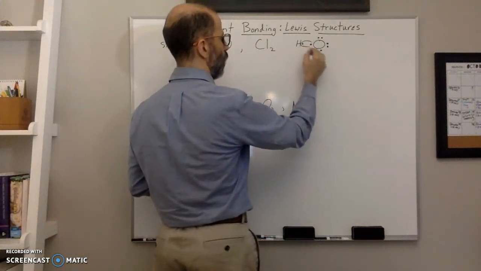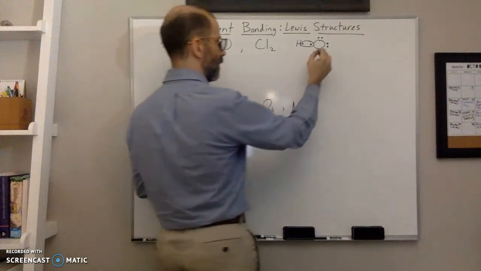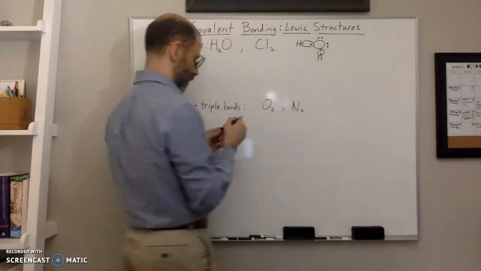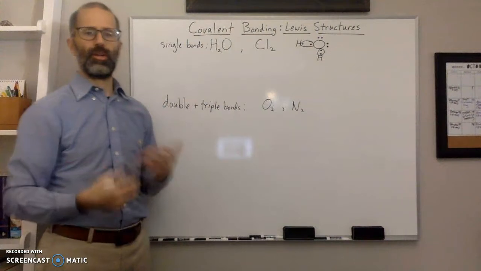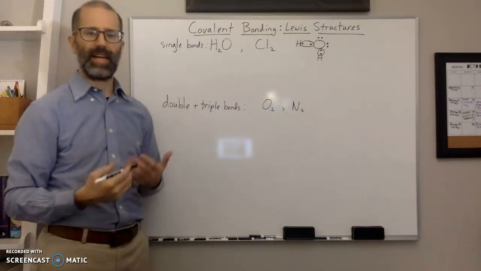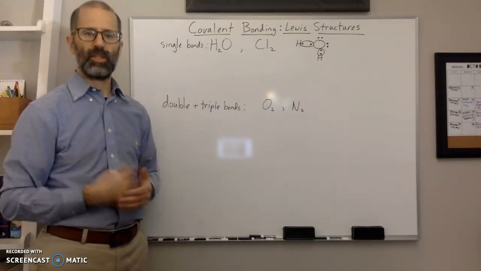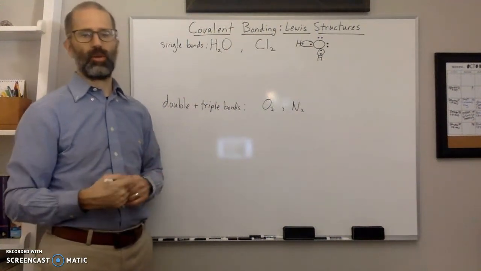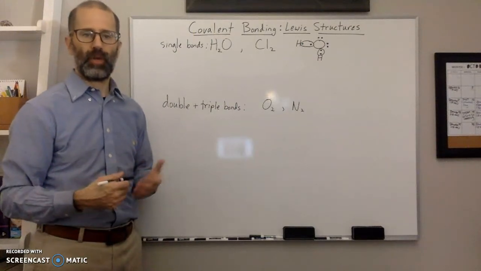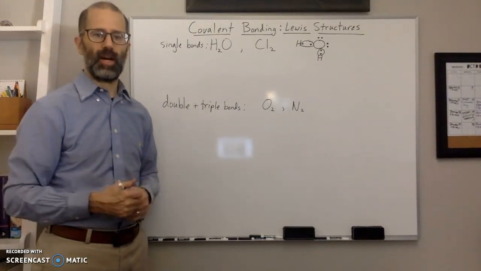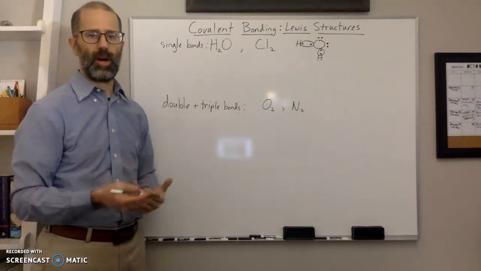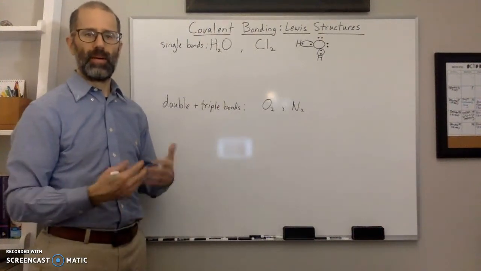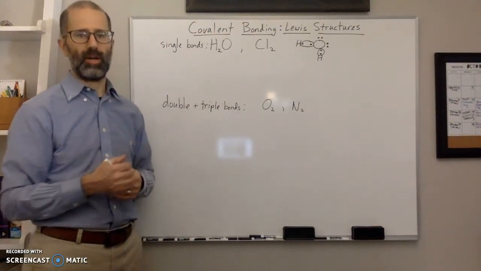These 2 unpaired electrons get paired up, and these unpaired electrons get paired up. It's all about pairing electrons. Whether you're making a Lewis dot structure for an ionic substance or for a covalent substance, it's always about pairing up unpaired electrons. Either you transfer the electron to pair up with another one, or you share the electrons so they get paired up.